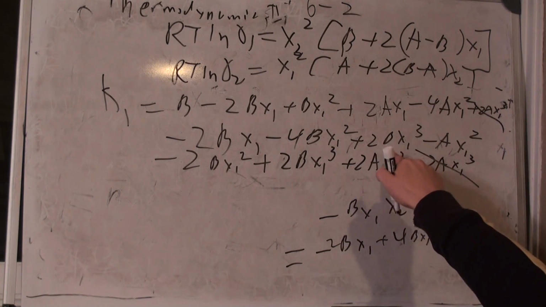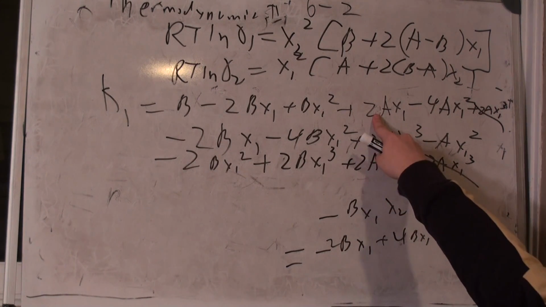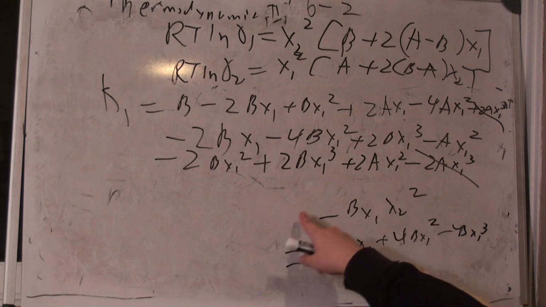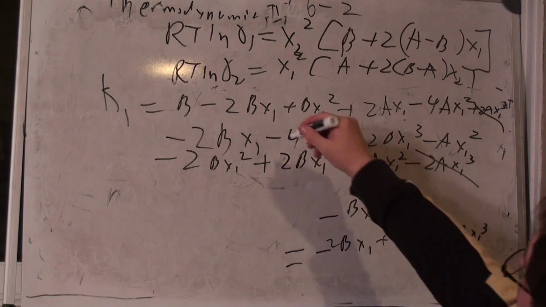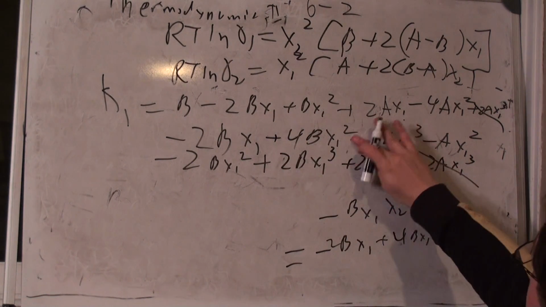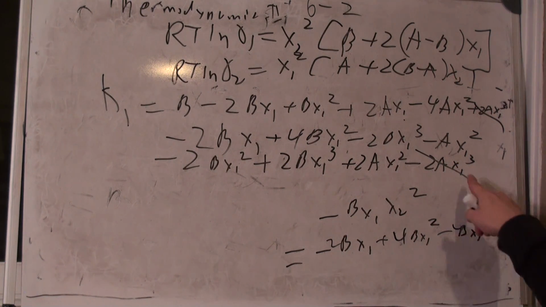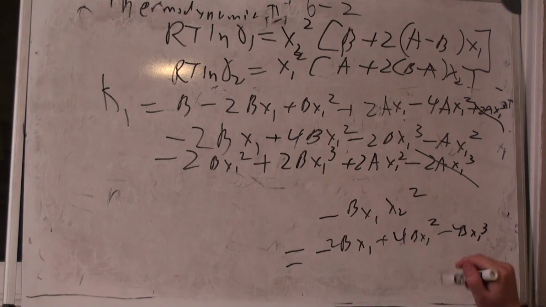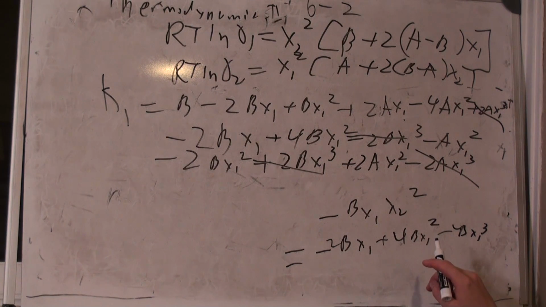So that should be a minus 4. Because there's all the A stuff and there's that one. It should be minus 2 plus 4 minus this one. And there's my minus ax1 squared. So that's minus 2 plus 4 minus, good, okay. And now those simplify out correctly.